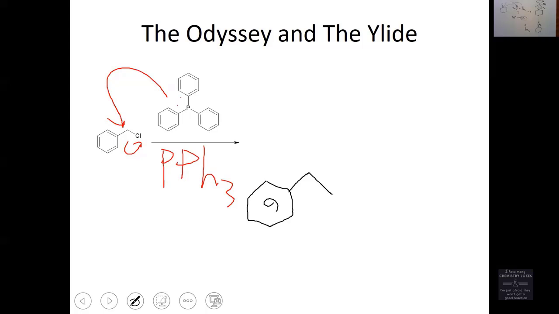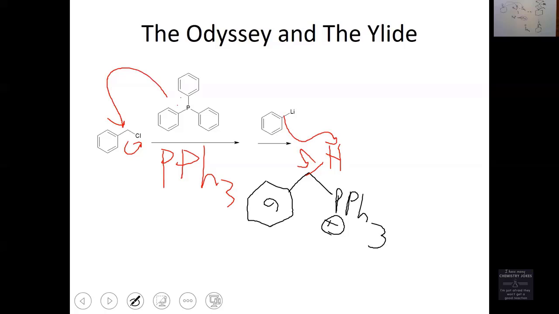Benzene, CH2, PPh3. When PPh3 connects like that, he went from neutral to now having 4 bonds, just like nitrogen, his upstairs neighbor. He's got a positive when he's got 4 bonds. So then I add phenyllithium. Phenyllithium is a crazy strong base. So that crazy strong base takes a hydrogen from next door to the phosphorus.